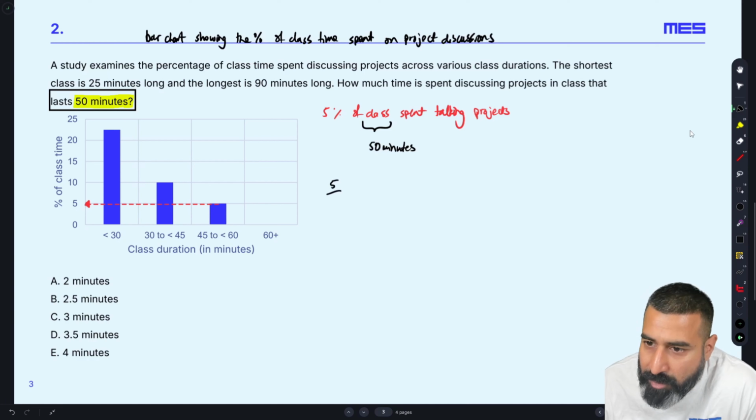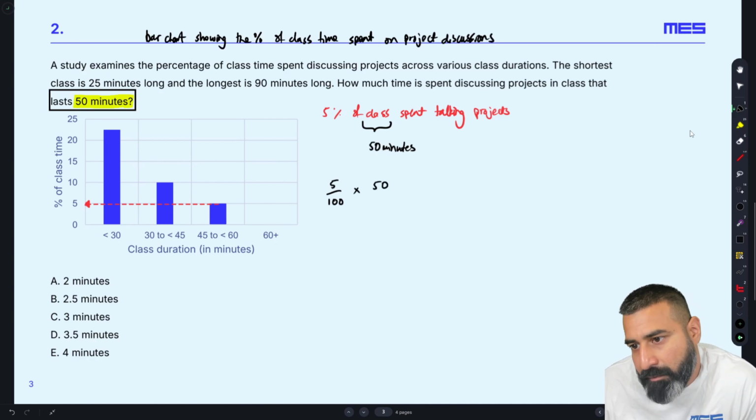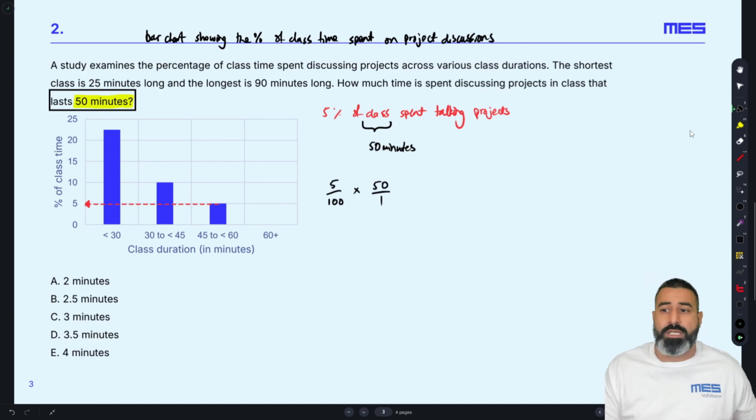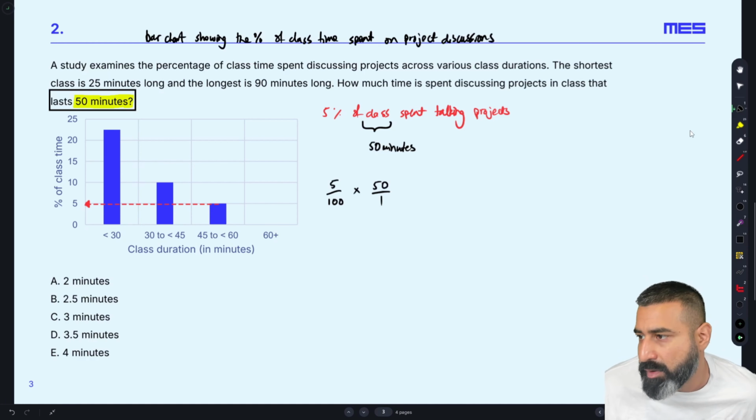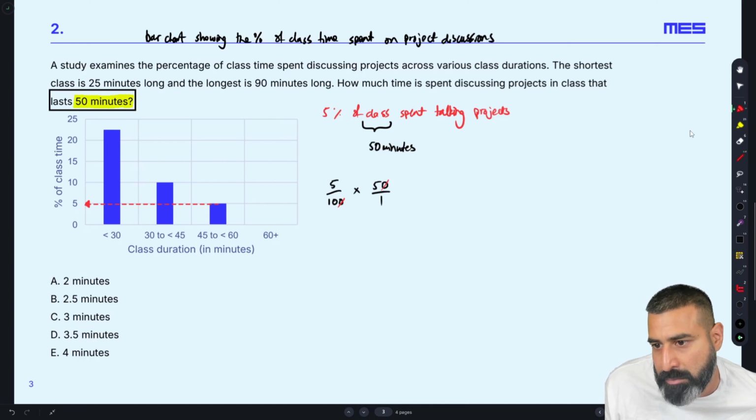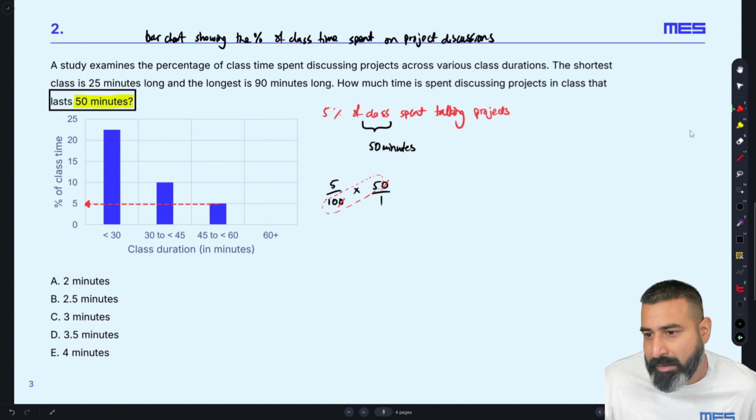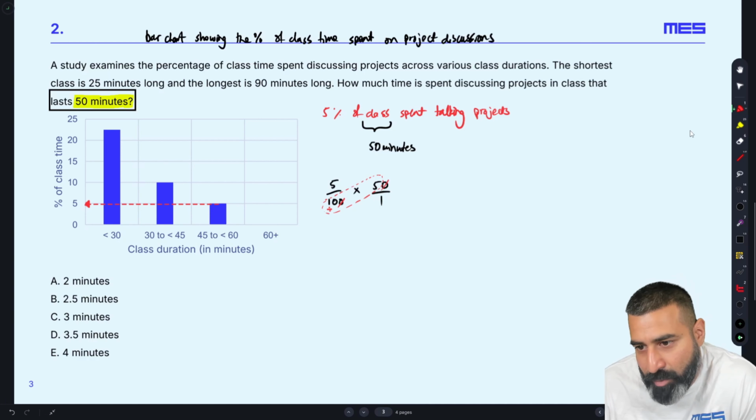We are told to say 5%, so 5 out of 100 of 50 minutes. So let's express that as 50 over 1. So what can we cancel out? So my zeros cancel out. And then can I do any cross cancelling? Well, there's multiple ways to do this. So we can divide that one by 5.